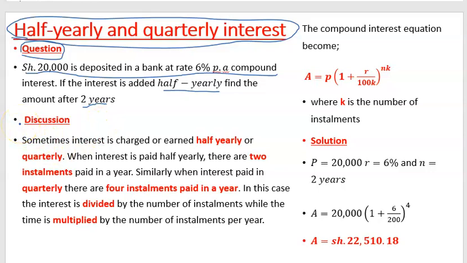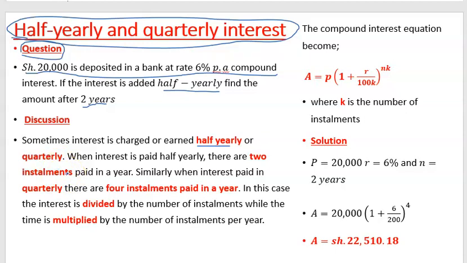So I'll provide background information. Sometimes interest is charged or earned half yearly or quarterly. When interest is paid half yearly, it means there are 2 installments paid in a year, because a year has 2 halves.